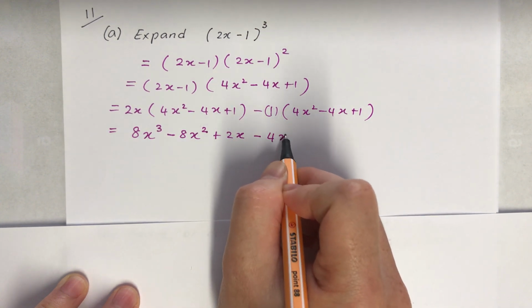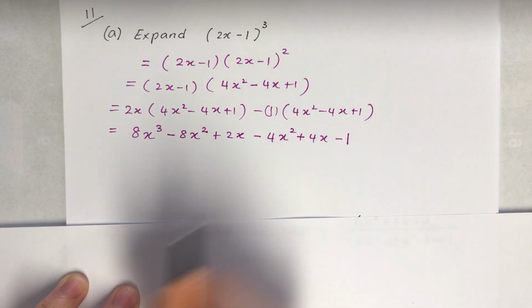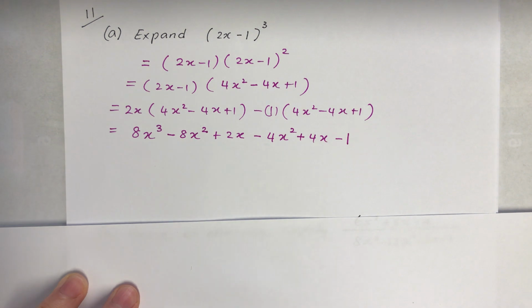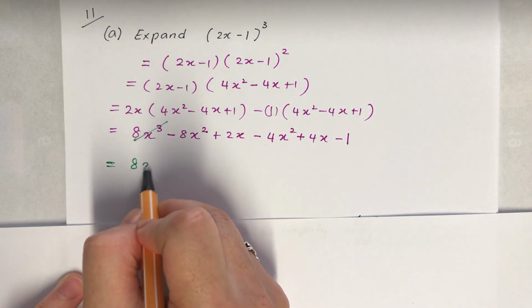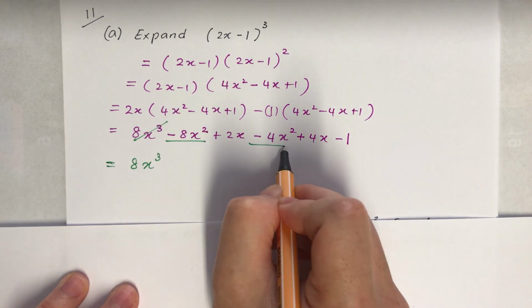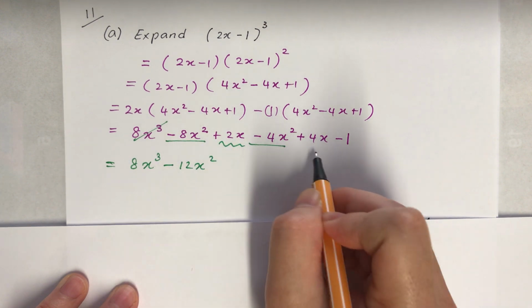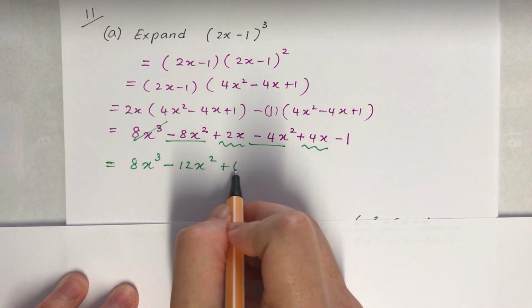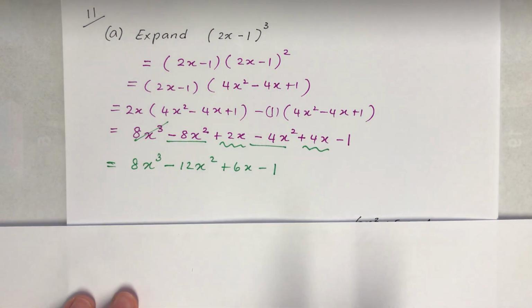So I'm just going to change the sign. Then collect the like terms. First 8x cubed is by itself, and then that one is 12x squared, and that's the other one, plus 6x minus 1. Excellent. So that's what I've done.